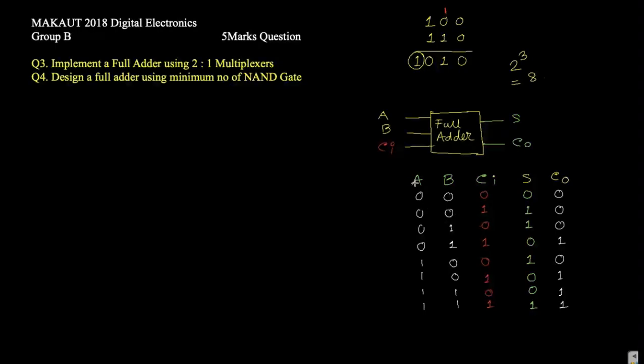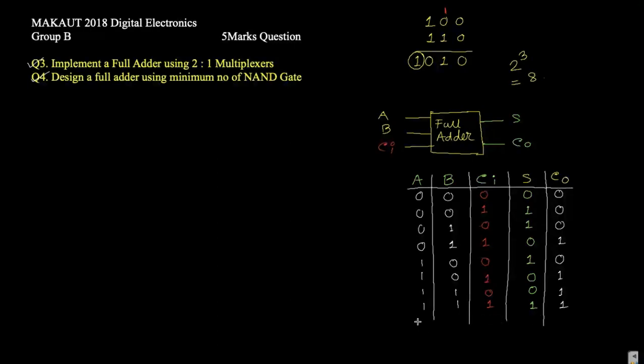This is the most important table for solving this entire question. This is the most important table, because for a full adder circuit, if you want to draw a full adder circuit using any kind of gates or the multiplexer, you need this, and you have to know the Karnaugh map. So this is the combinations of inputs and the carry and sum output. Okay, so I can make it in the box.